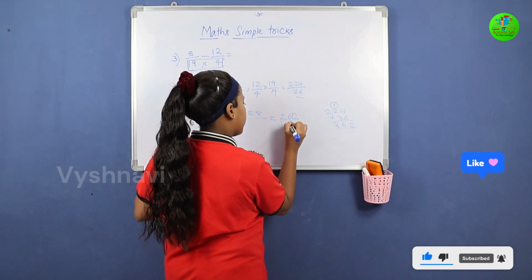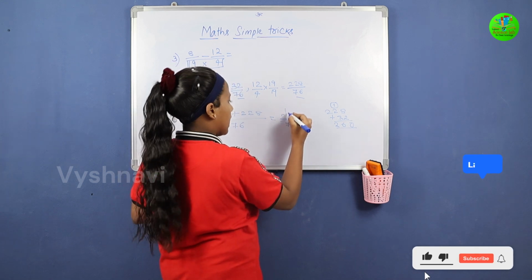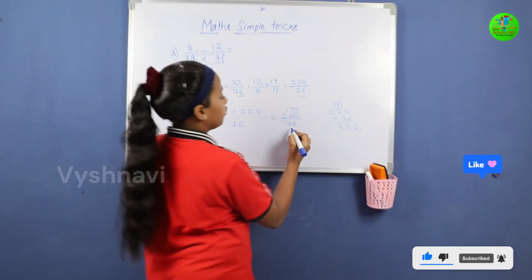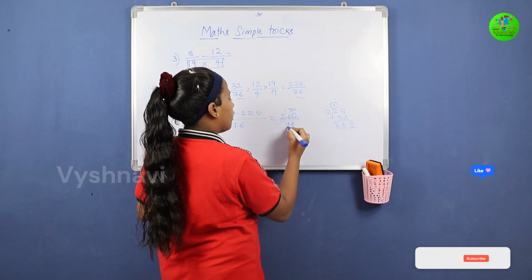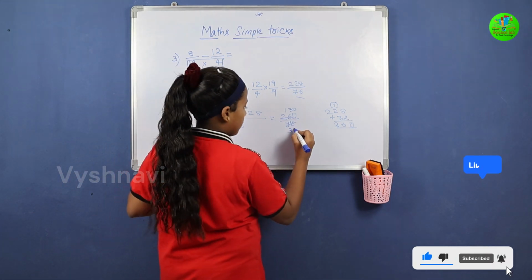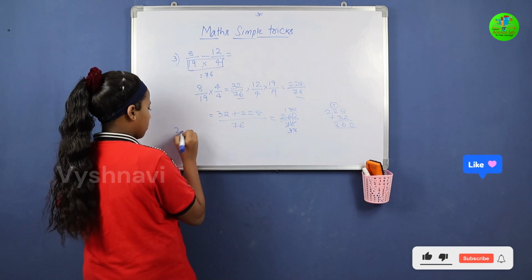2 1s are 2. 2 30s are 60, and 2 3s are 6. 2 3s are 6 and here 1 we will get. Then 2 8s are 16. Let us do this, will it cancel or not.